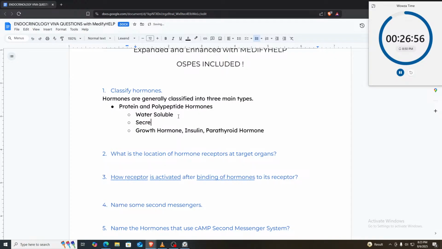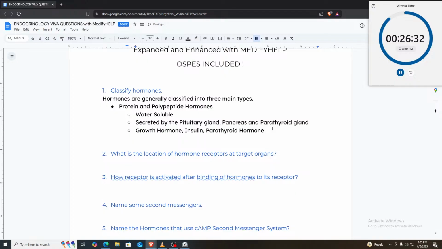They are secreted by the pituitary gland, pancreas, and parathyroid. So accordingly, I've given examples too.